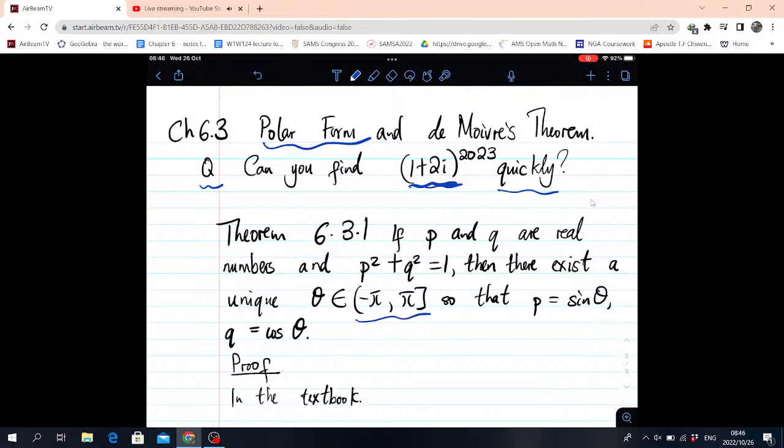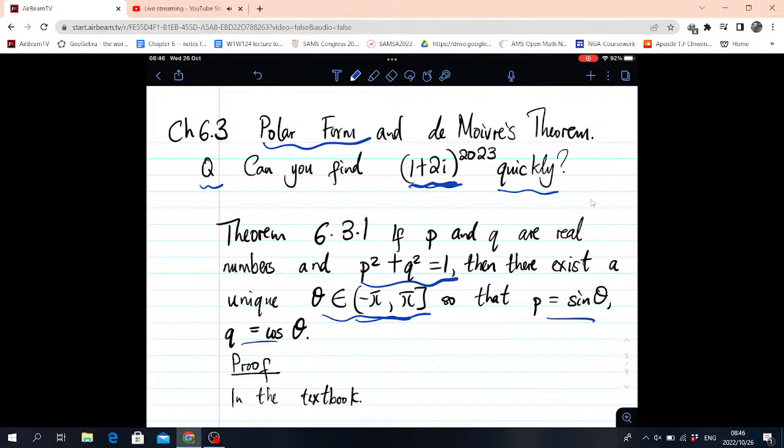So what are we saying? We're saying we've got two real numbers such that p squared plus q squared is equal to 1, and then we will always find a theta, an angle, such that this happens.